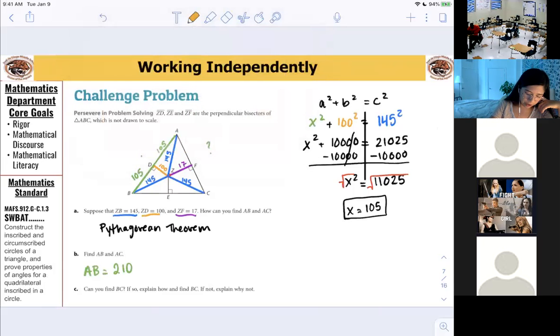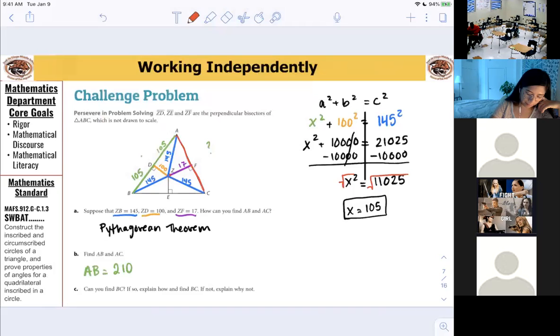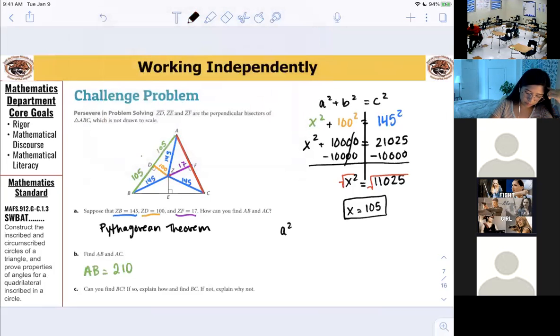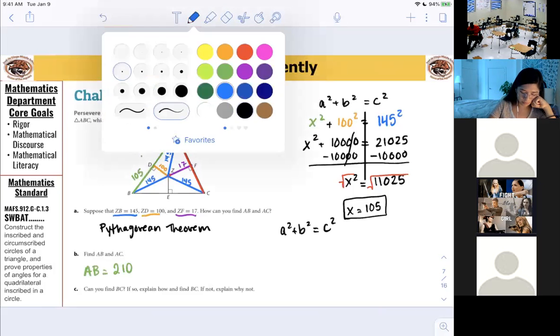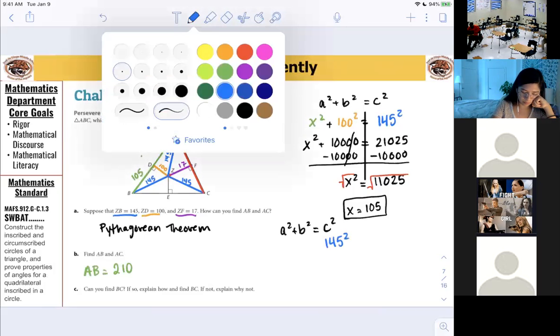Now we need to figure out AC, the other side. It's not the same because they're not equal. Right, but we can use the Pythagorean theorem again. So what can I put into my Pythagorean theorem this time? Instead of BD, you can do CF, and the hypotenuse would be 145 again, but this time the other leg is 17.